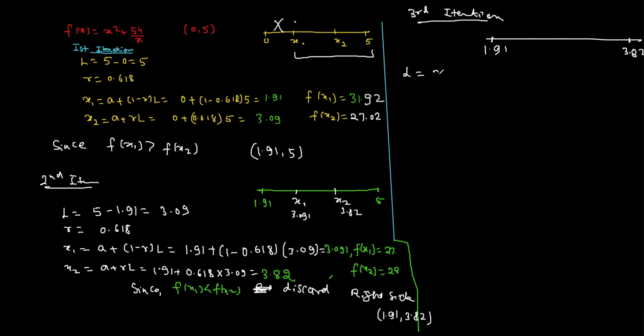Find L. L is what? 1.91, right? And x1 is A plus (1 minus R) into L.